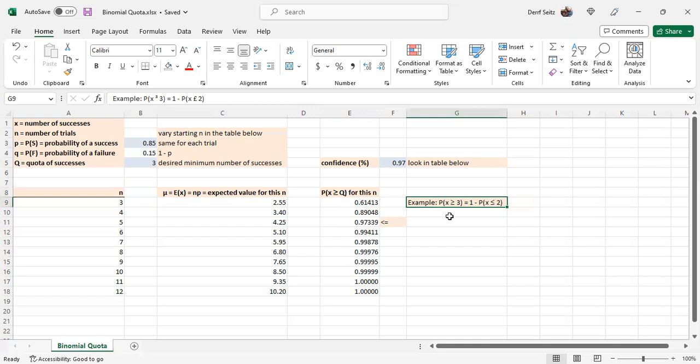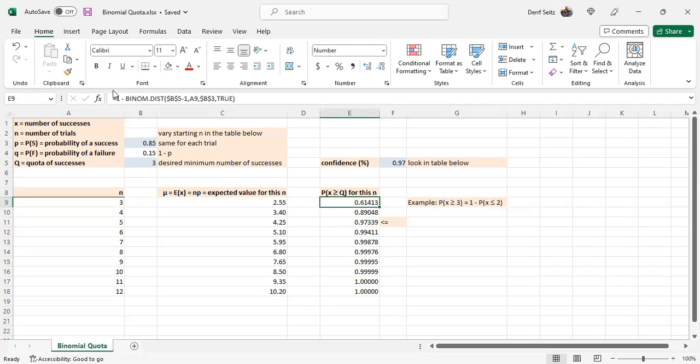This example says the probability of x being greater than or equal to 3, for example, is the same as 1 minus the complement, the probability of x being less than or equal to 2. The complement of less than or equal to 2 is greater than or equal to 3. That's the key for this formula.